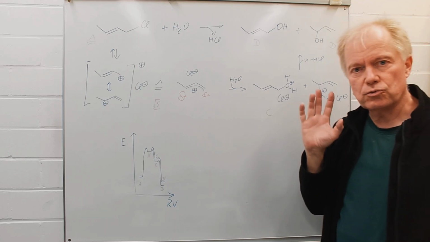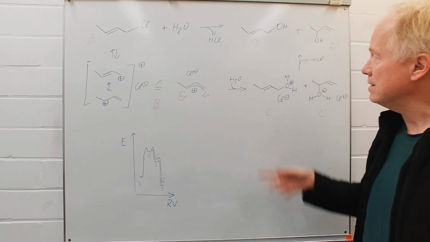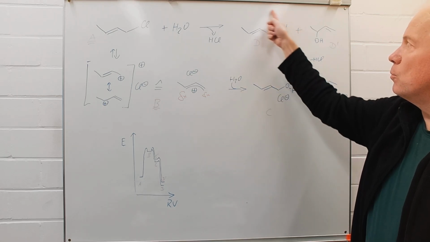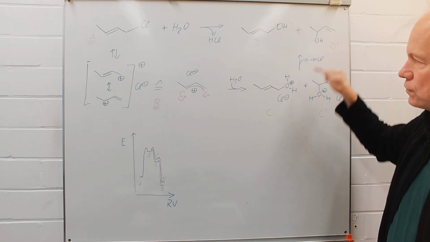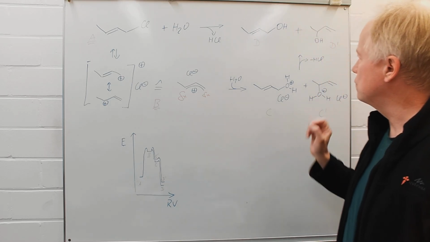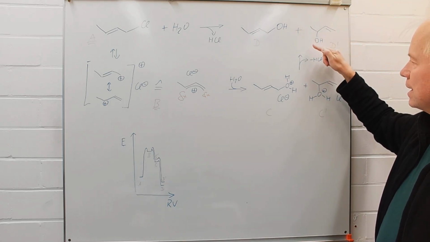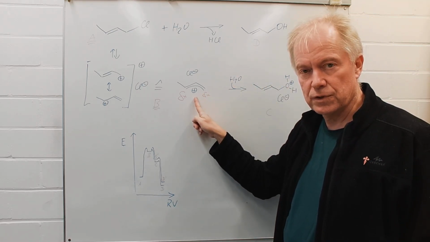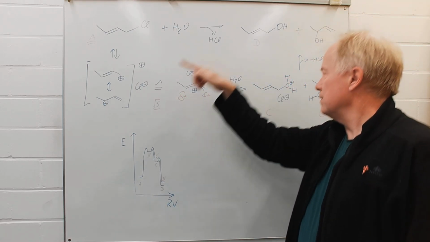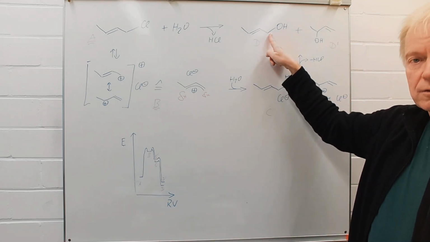If we let it run for a longer time, then we will get far more of that one, simply because all those reaction steps are reversible. So if this has been formed, it can react back to that and then also to the carbocation, and then we go in the other direction to this one and form that.